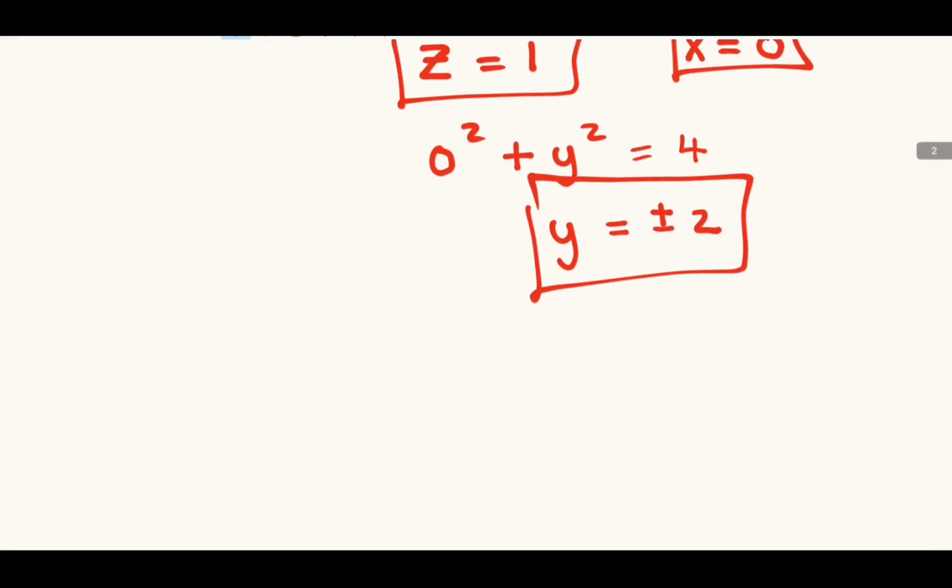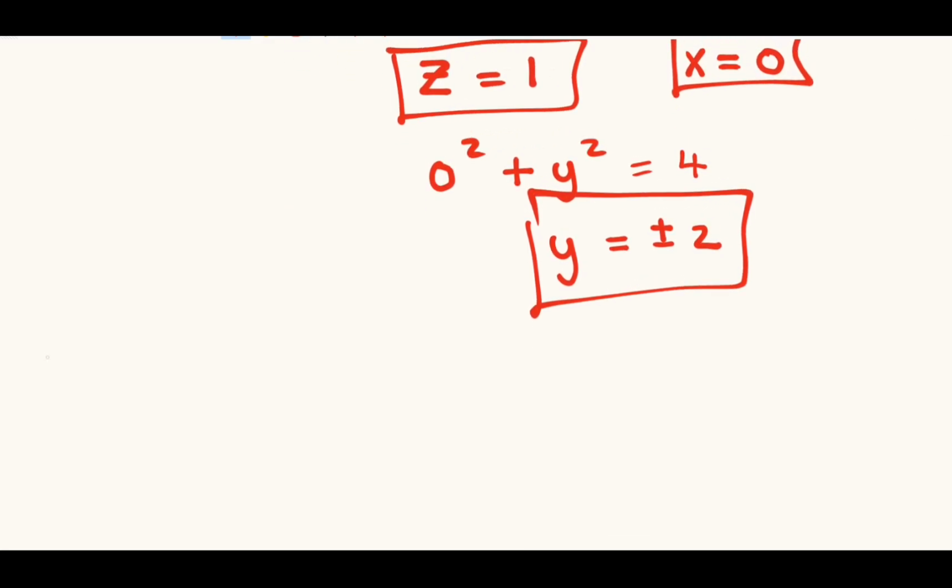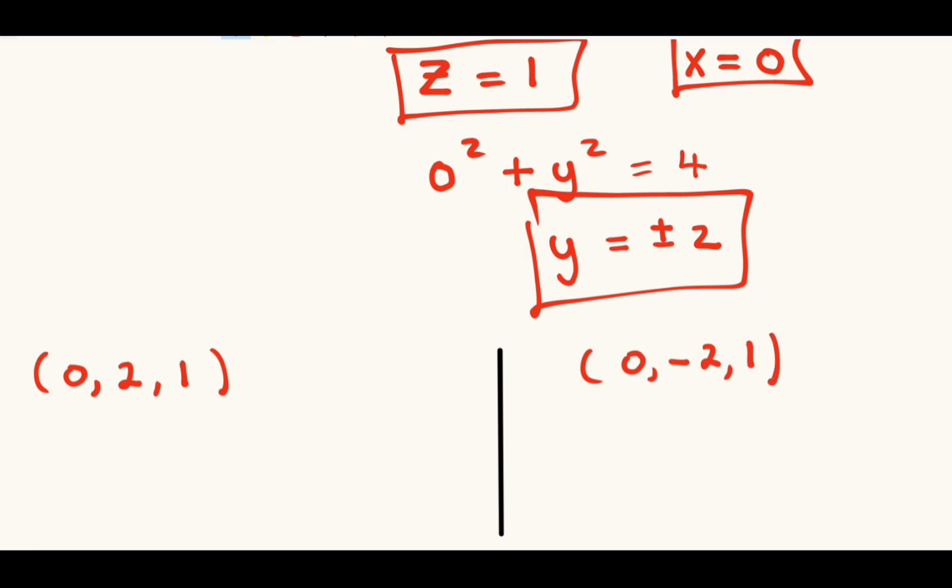From here, we just determine the extreme values. We have the 0, the positive 2, and the z, which is equal to 1. We have the 0 again, and the negative part of the y, and the positive 1 from the z. We substitute this into the f of x, y, z equation.